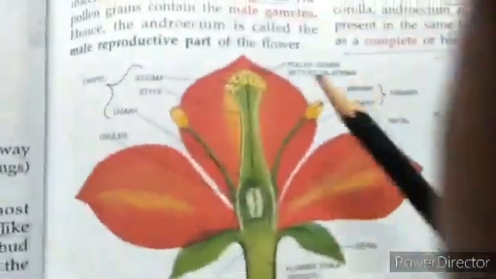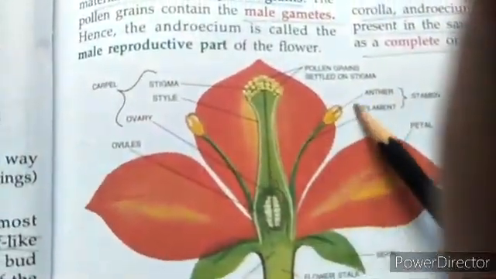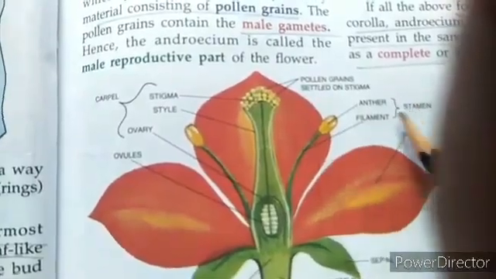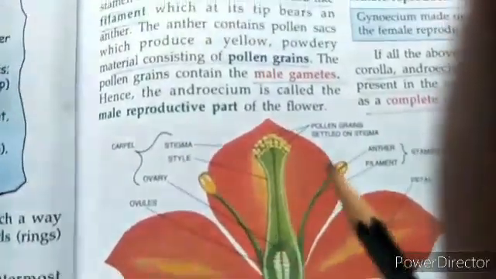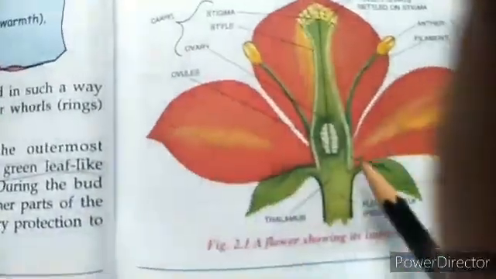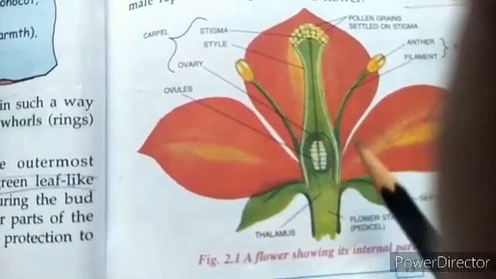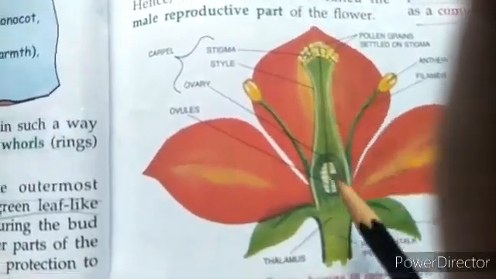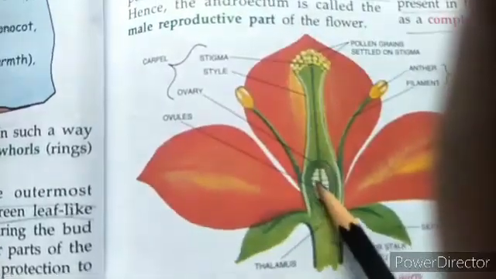And here in the diagram we can see the male reproductive part, the androecium, with the anthers and the filament known as the stamen. And then we came to the female reproductive part known as the gynoecium, and here is the gynoecium where it has an ovary and a long style, and at the tip there is stigma, and within the ovary there are ovules.